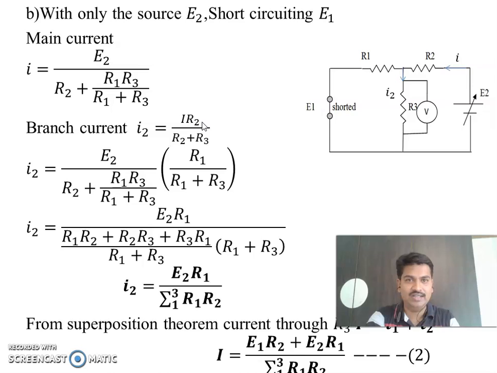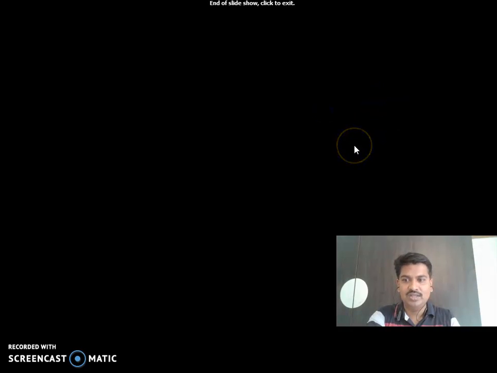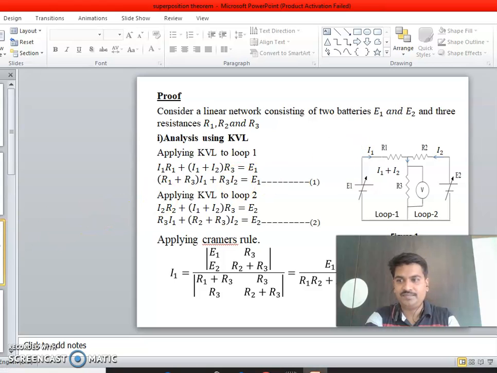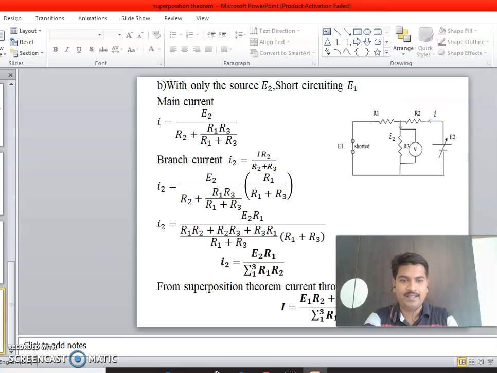But this is a little wrong thing I have written here. Resistance in the another branch. Yeah, there is some problem with this. I'll go back to the same slide.